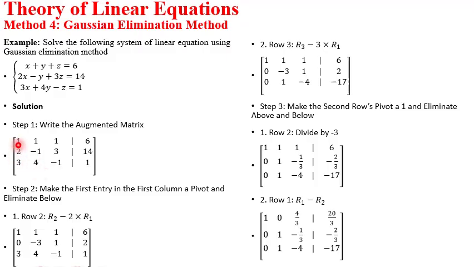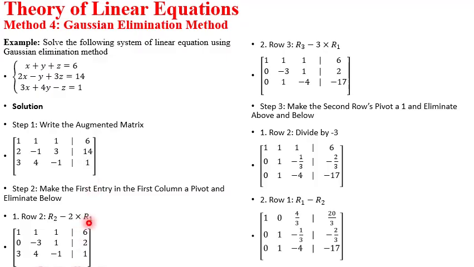If we multiply 2 with row 1, 1 times 2 gives us 2. So 2 minus 2, of course, will give us 0. Row 1 times 2 gives us 2 again. Then minus 1 minus 2 will give us minus 3. 1 times 2 will give us 2, and 3 minus 2 will give us 1. 2 times 6 will give us 12, so 14 minus 12 will give us 2.